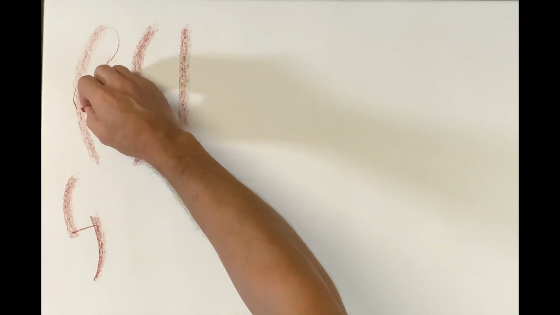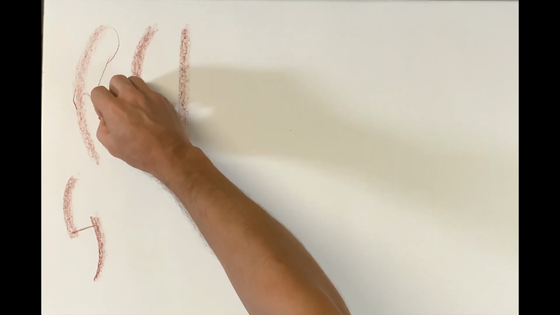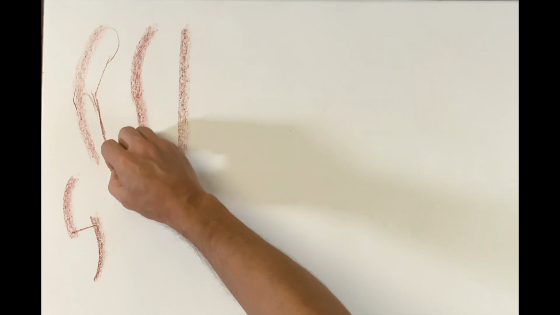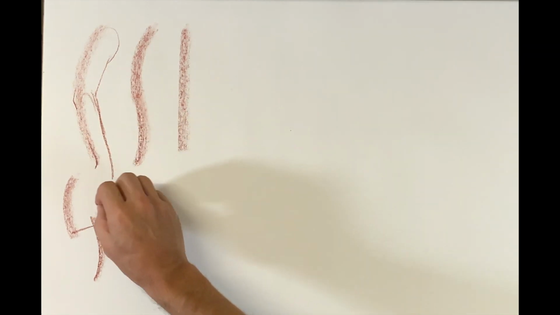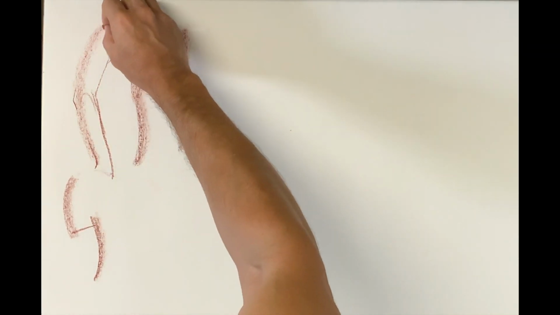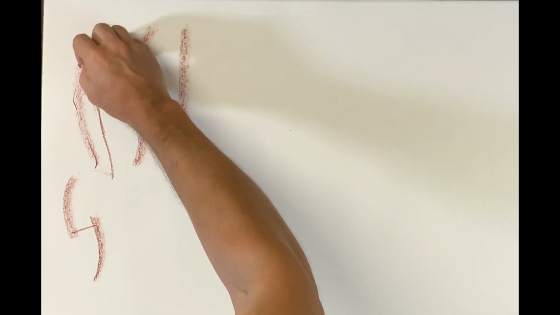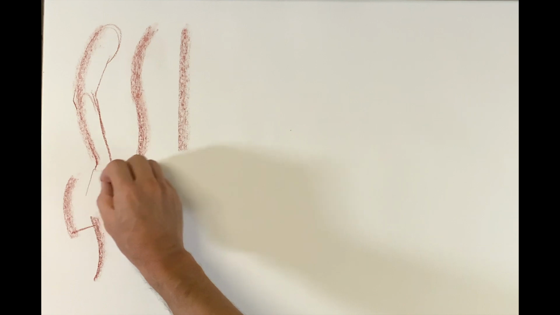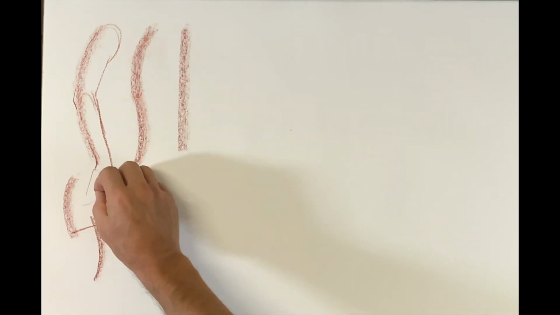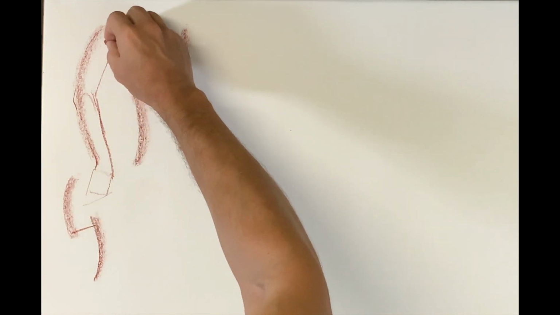We're looking for the way that this curve flows generally through the figure. So we might have something like this going on with the arm. Even though there are more lumps and bumps, what we're looking for is the general way that it flows down through here into the hand.